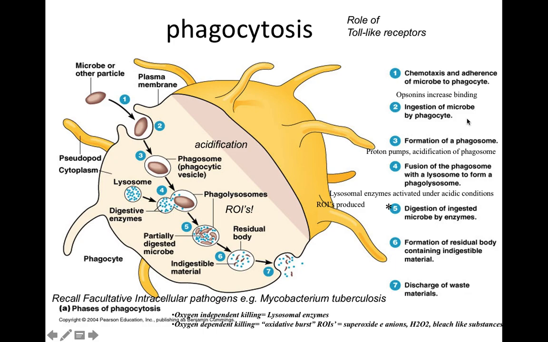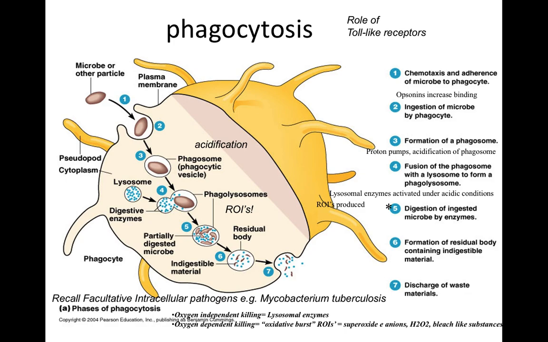Okay, so once the phagocyte is bound, it'll extend these pseudopods, these little false arms, around, and the pseudopods will fuse, and that will form what's called a phagosome. So here's the phagosome. This is the actual endocytosis, phagocytosis. Here's the phagosome formed, or phagocytic vesicle. Now the problem is that a lot of microbes are really happy living in the phagosomes, right?